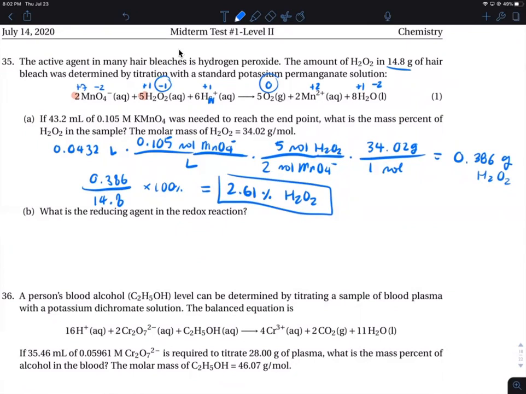Meanwhile, for Mn, it's decreasing from +7 to +2, so that means this is being reduced. Therefore, the reducing agent, which is the one being oxidized, is actually H2O2. So the reducing agent is H2O2.